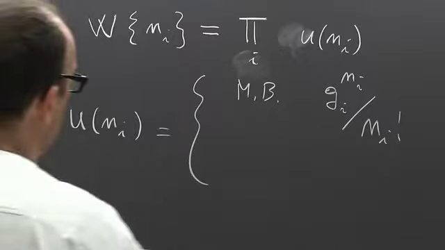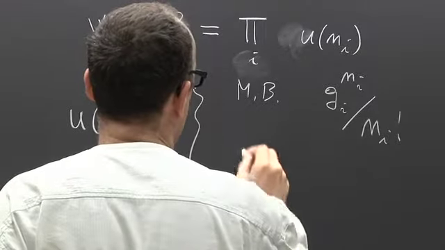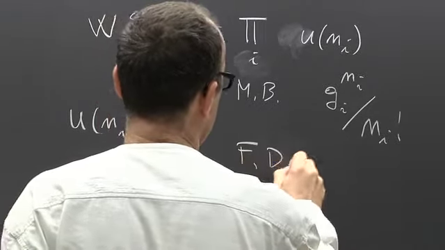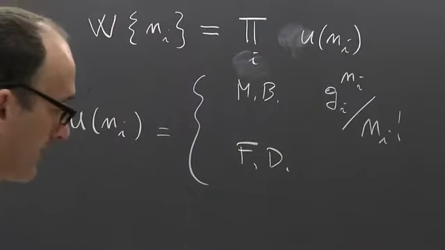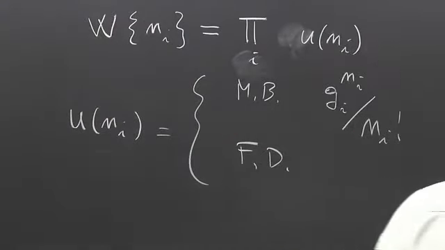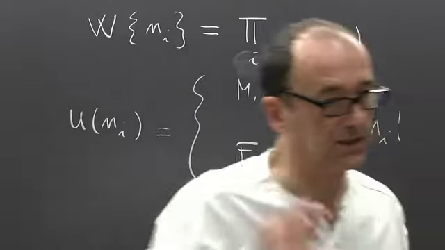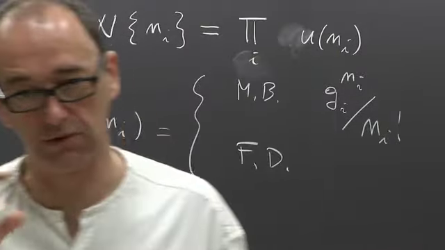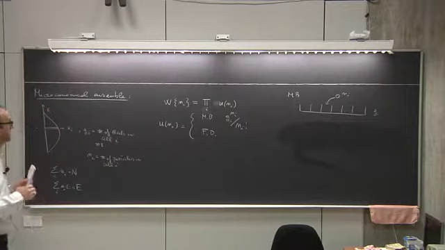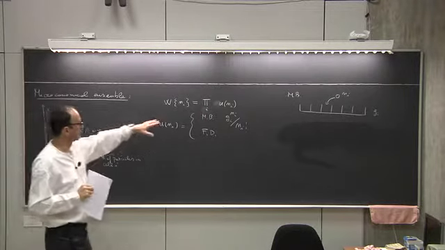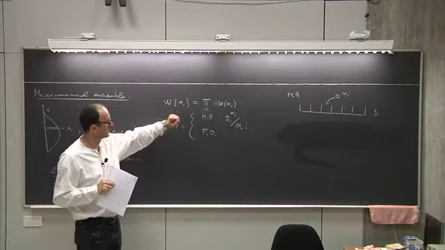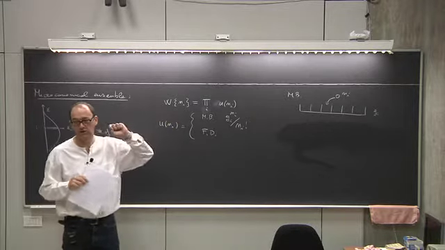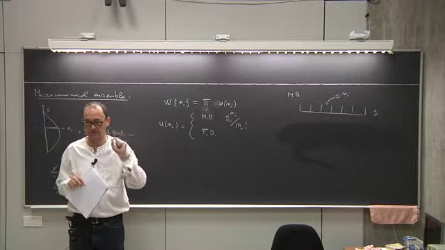Now, in the Fermi-Dirac case, instead, the situation is the following: the particles are indistinguishable, so there is no multinomial factor, but I can put at most 1 particle in each state.